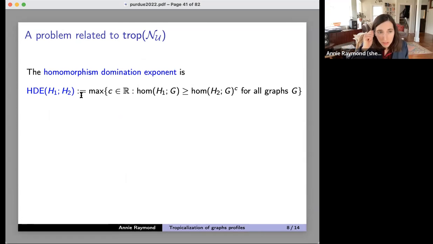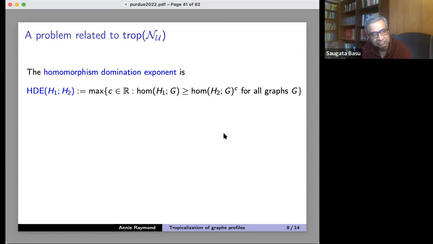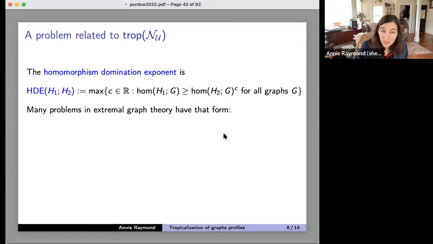It records the maximum value that C can take so that the following inequality is true for all graphs G: the number of homomorphisms from H1 into G is greater or equal to the number of homomorphisms of H2 into G to the power C. So what is the maximum C that will make sure that this is always a true inequality for all graphs G? A lot of problems in extremal graph theory do have that form, even if they're not written in that way.